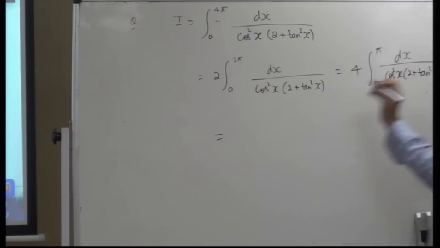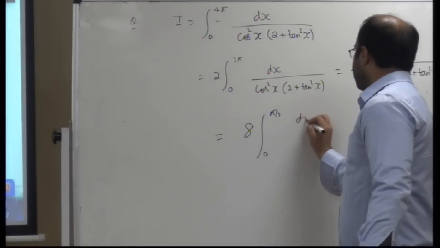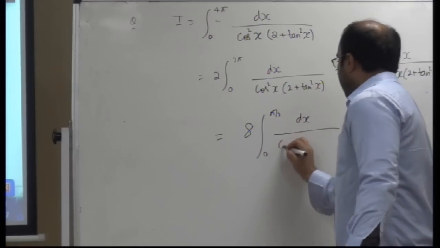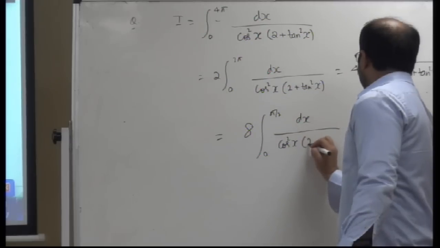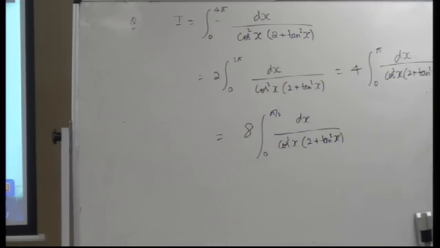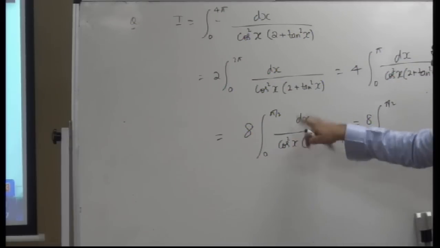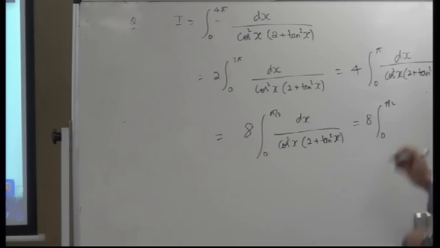So we can again write it 8 times of 0 to pi by 2 dx upon cos square x into 2 plus tan square x. Fine. Now we can integrate. The integration is not as such difficult here. 0 to pi by 2, the reciprocal of cos square x is sec square x, dx upon 2 plus tan square x, and this part would be integrated easily, its derivative is there.